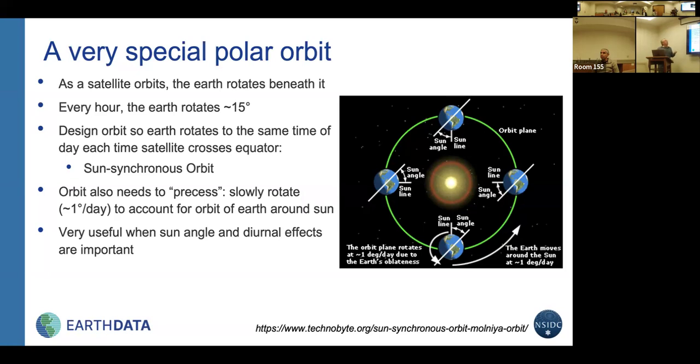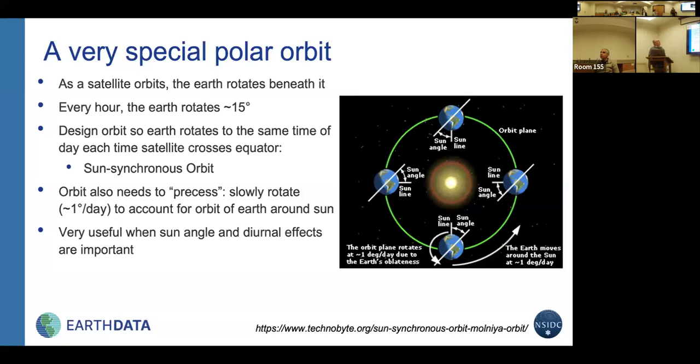So essentially, you get data, at least at the equator, at the same time of day, local time, every single orbit. And that's called a sun synchronous orbit. Also, the Earth precesses, it slowly rotates as it orbits around the sun, right? So you have to adjust for that a little bit.